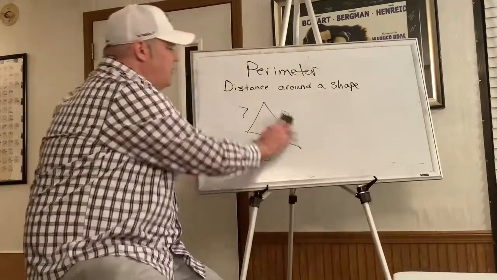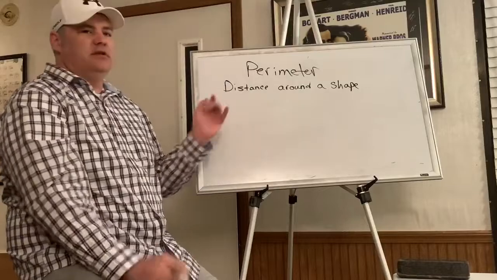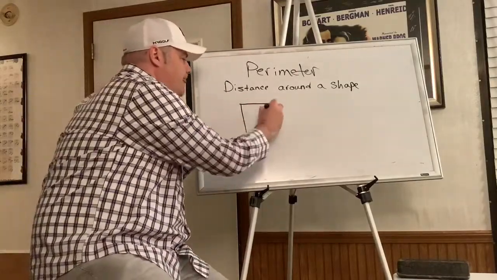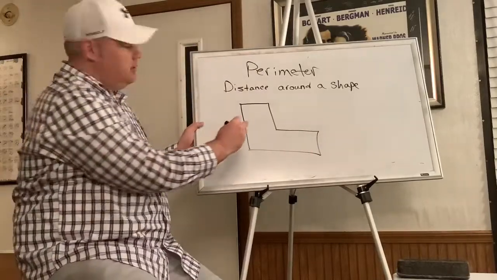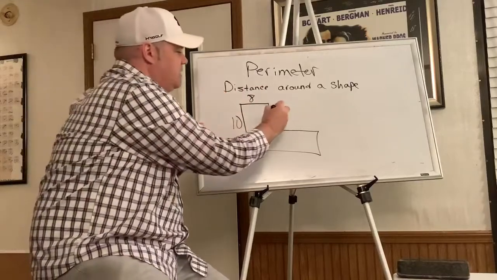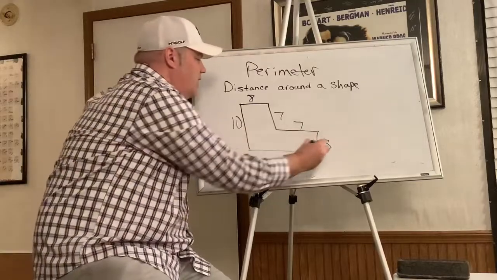You can also do a perimeter on a shape that doesn't have a name, like, these all fall into either rectangle, square, triangle. You could have a shape like this. And I wrote, let's do 10, 8, 7, 7. And this, like I said, it's not going to be perfect here of what it looks like.